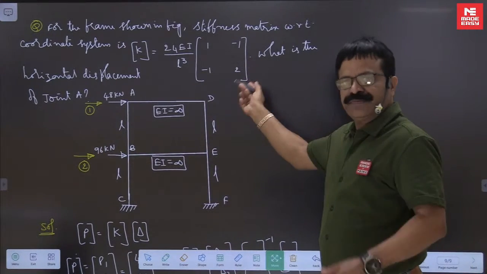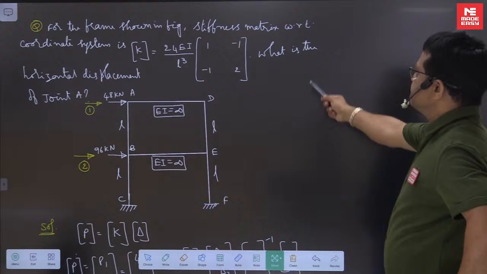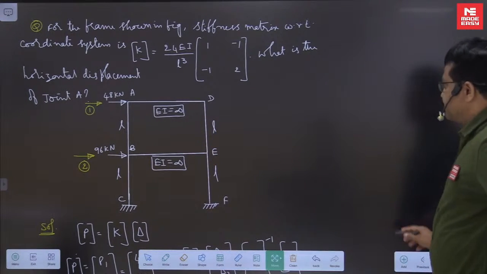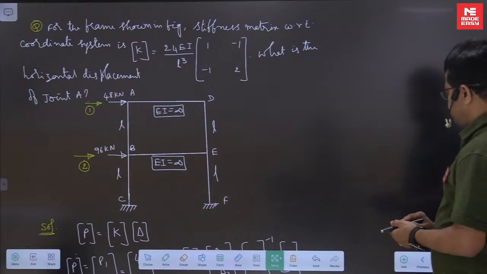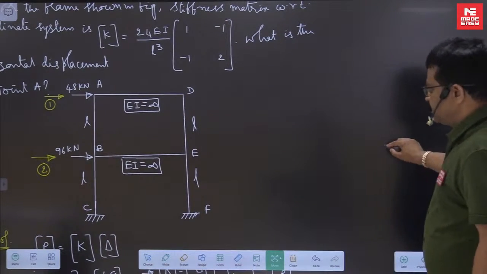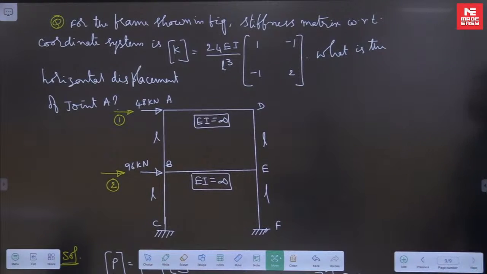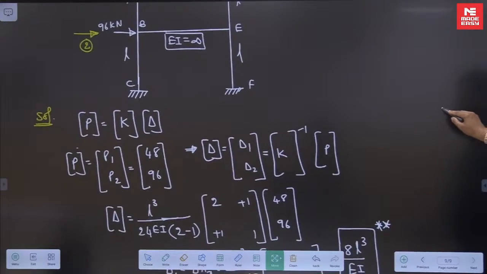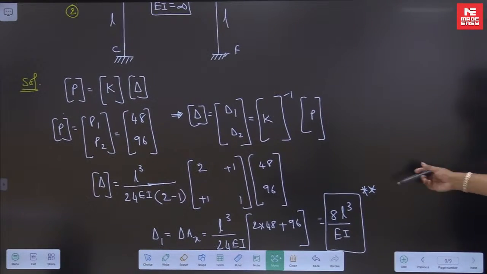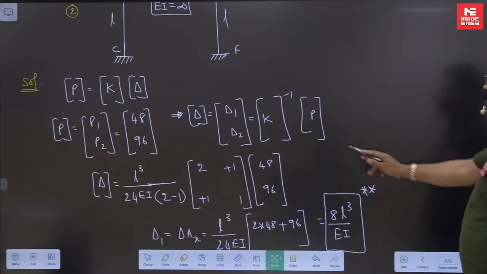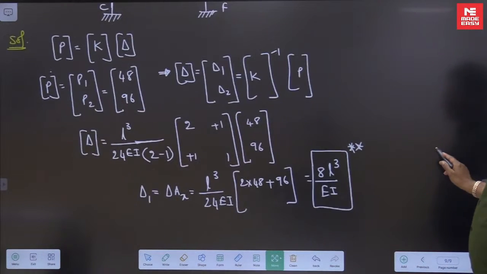That inversion also, a 2 by 2 matrix only will be given. Okay, K is given, loads are given, displacement you have to find. So in 2 minutes time, K inverse P, we have to write it. So K inverse P is the problem. That's it.